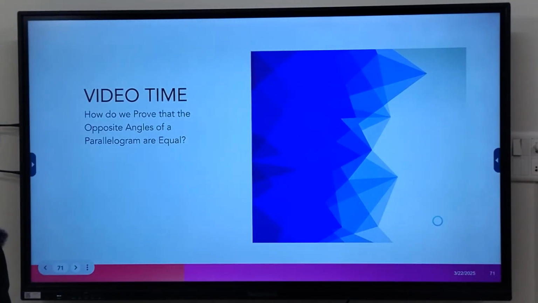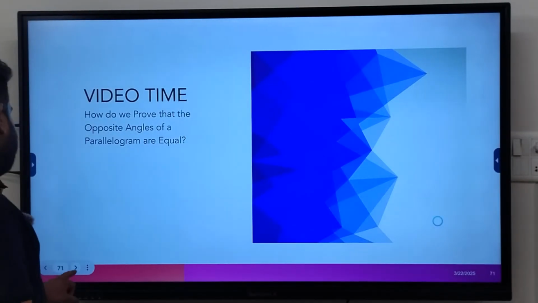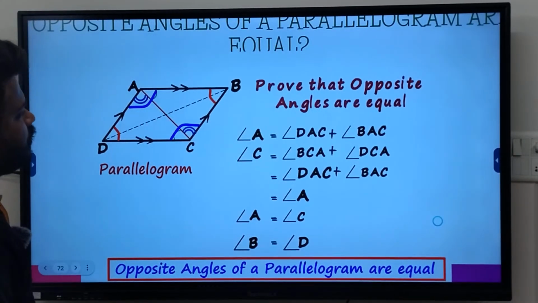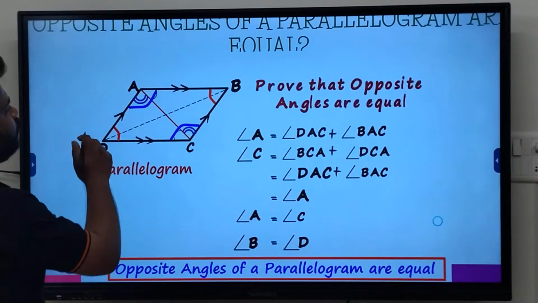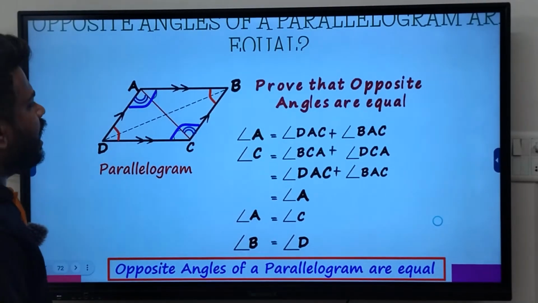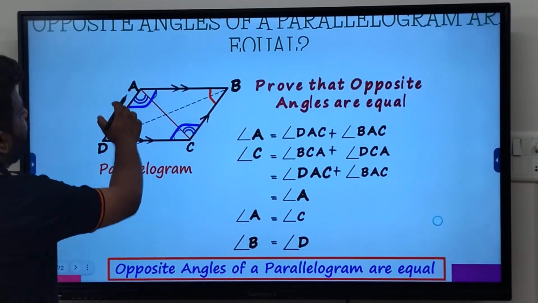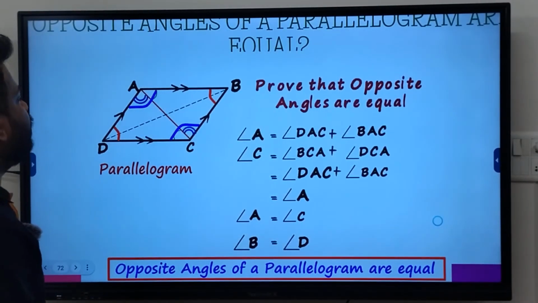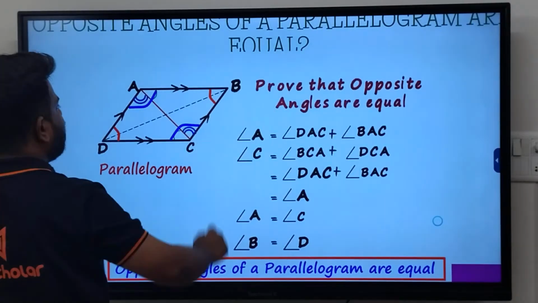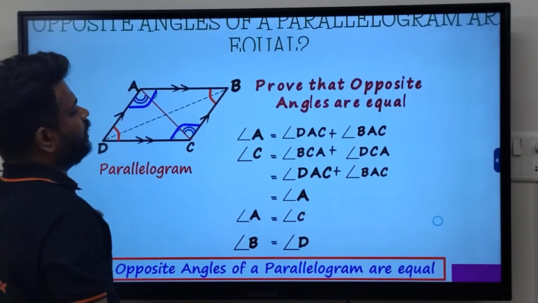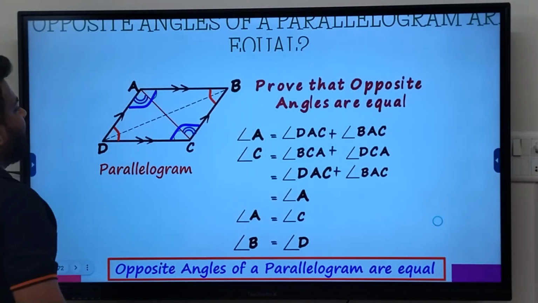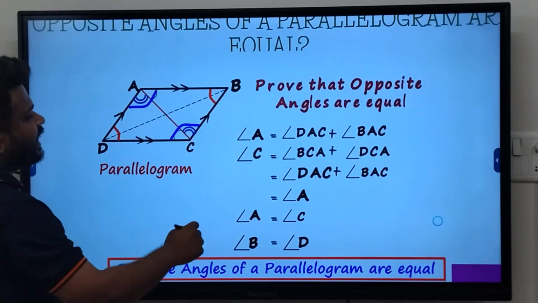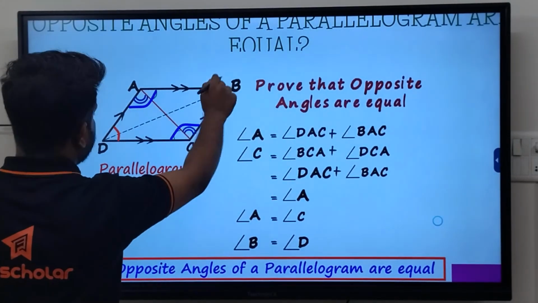Okay, how do we prove that opposite angles of a parallelogram are equal? This one is also very easy. To prove that, we have to draw the parallelogram first, and then mark the angles of each one. Angle A equals angle DAC, and then draw the diagonal.